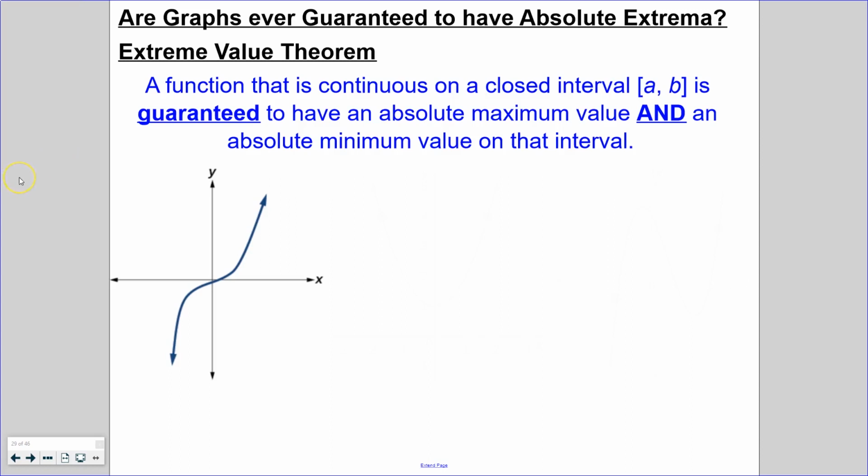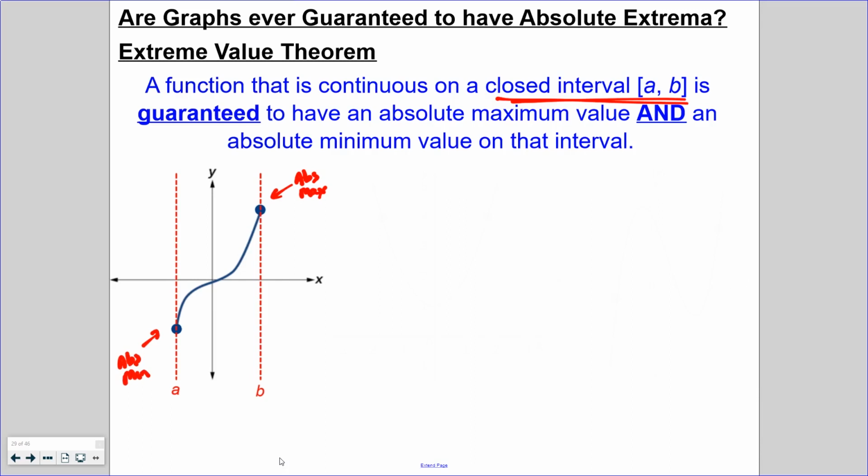However, if we cut this off and make it so that it's on a closed interval, so we trim this a little bit and just look at the function over this closed interval from a to b, we are guaranteed to have an absolute max and an absolute min.